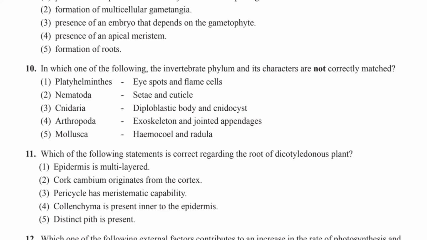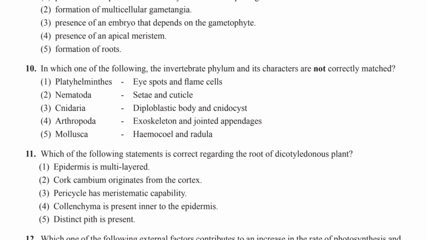Question number 11. Which of the following statement is correct regarding the root of dicotyledonous plant? Right? Epidermis is multilayered? No, it is the outermost single cell layer. Then distinct pith is present? No. Pith is present in the stem, right? Not in the root.